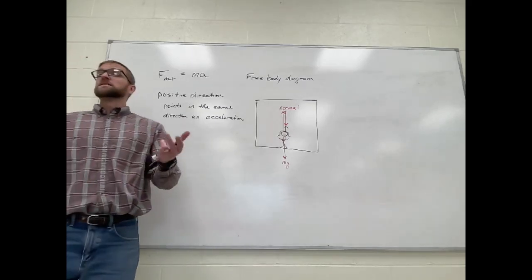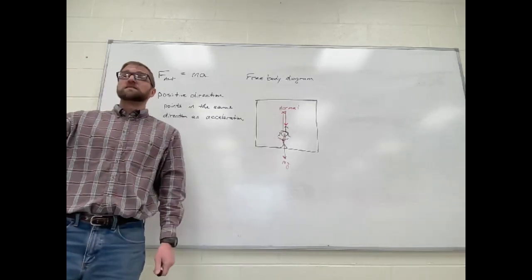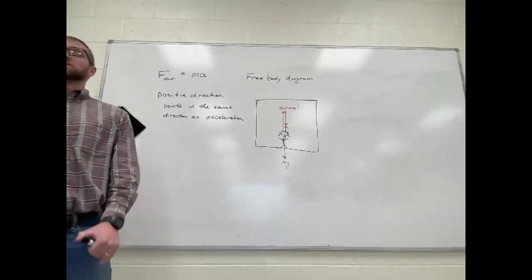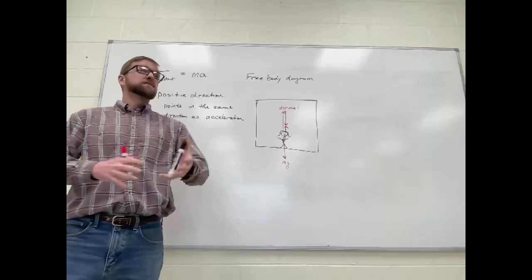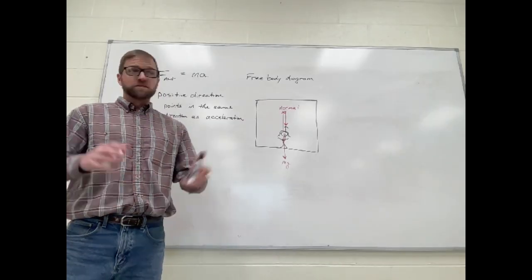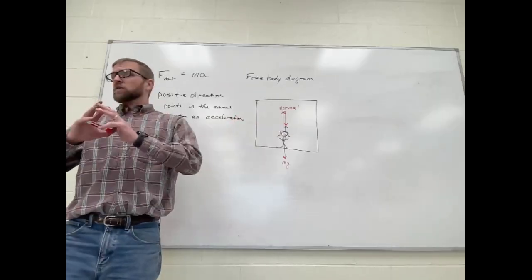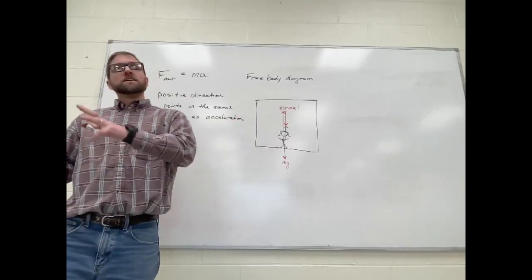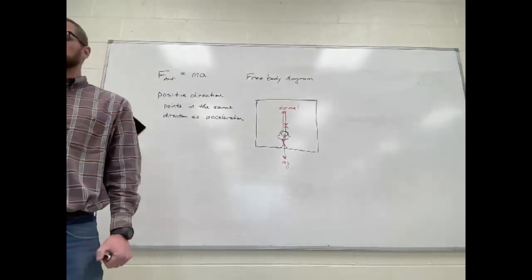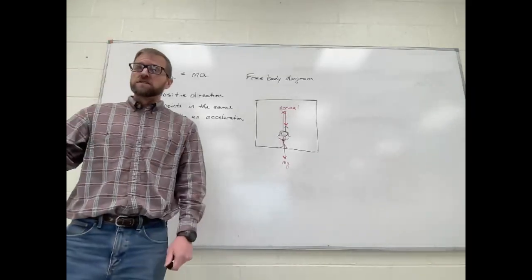If she was accelerating downward, what would be the positive direction, Phoebe? That's right. If she was accelerating to the right, what would the positive direction be, Reagan? To the right, right? So whatever the direction is of the acceleration vector, that's the positive direction, okay? But Lola, what if she's not accelerating?